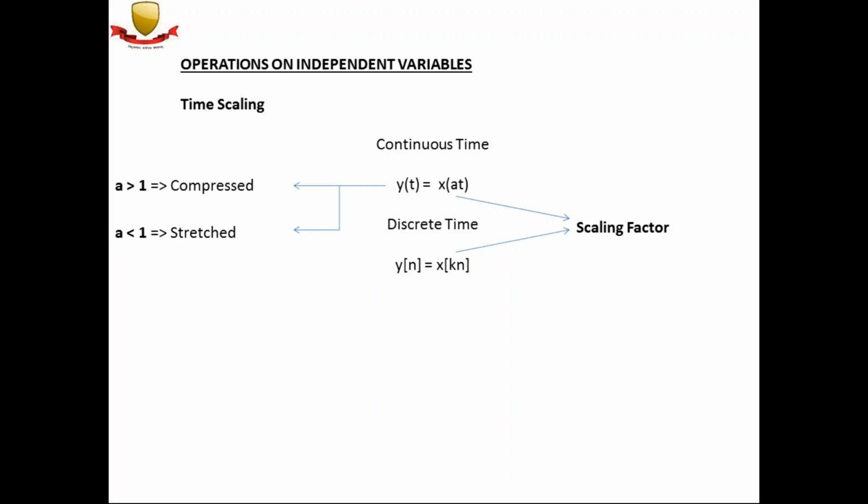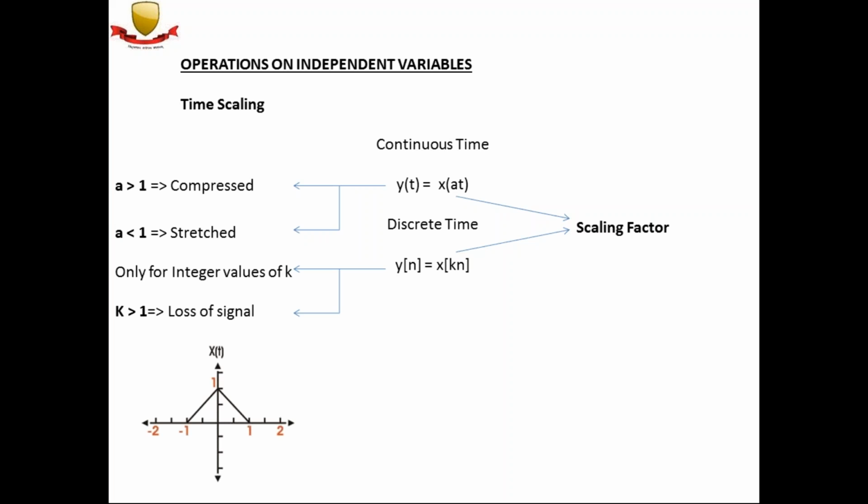Fine. Similarly, in terms of a discrete time signal, it is valid only for integer values of k. And if k is greater than 1, then some values of the discrete time signal are lost.